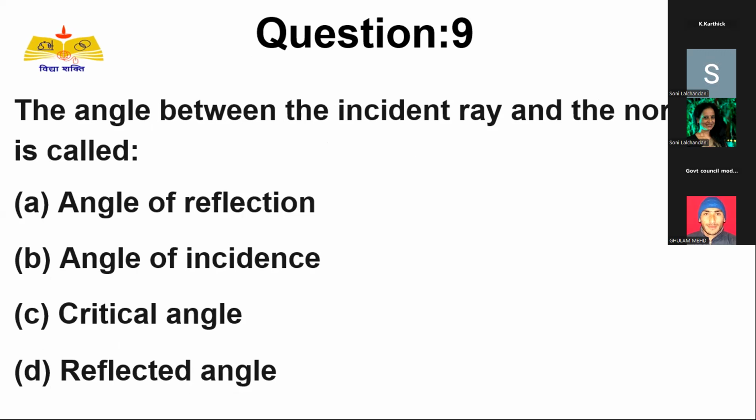The question number 9 is, the angle between the incident ray and the normal is called A. Angle of reflection, B. Angle of incidence, C. Critical angle, D. Reflected angle.